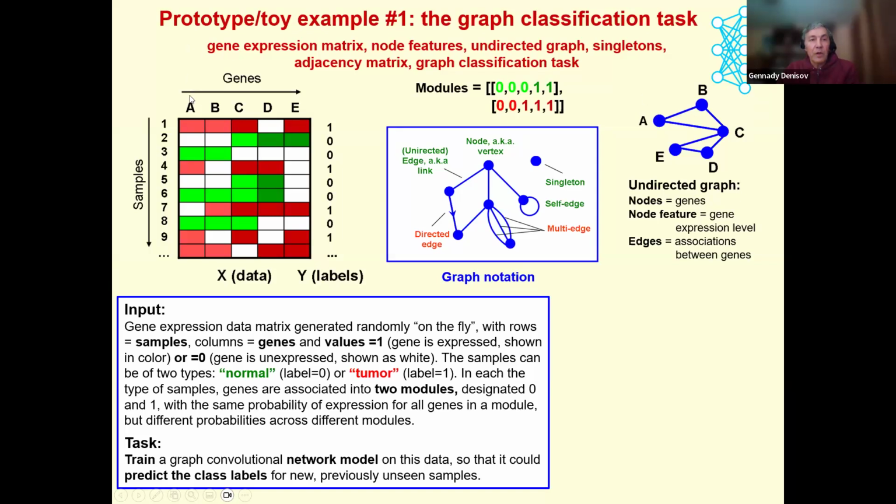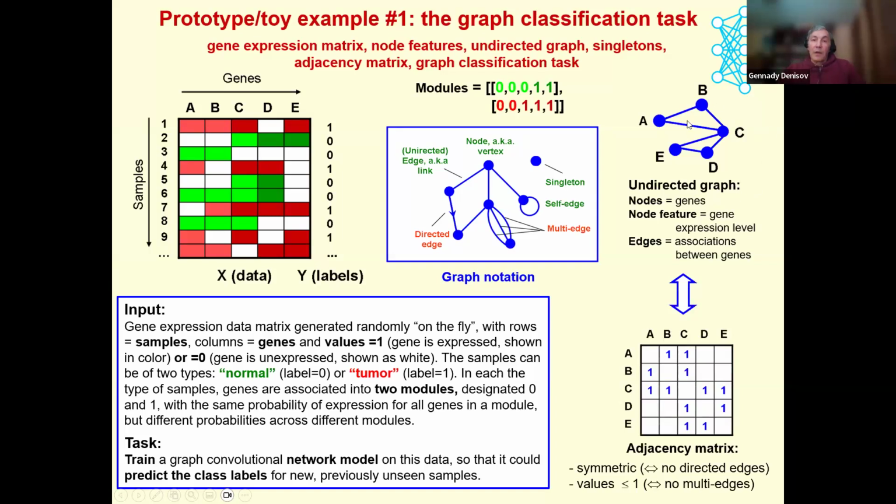For example, genes A and B are members of the same module, in both the red module and the green module. And nodes A and E are not linked because they are not members of the same module, neither in green samples nor in red samples.